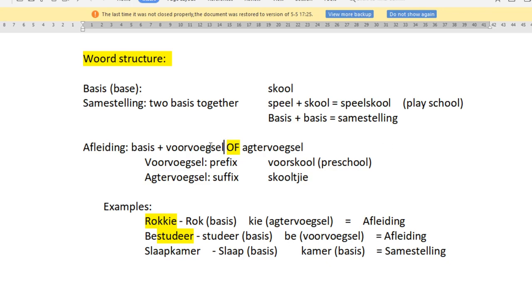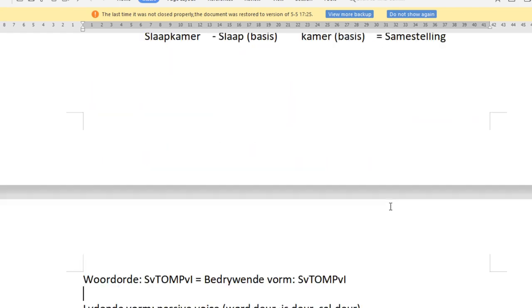Here we've got voorvoegsel, agtervoegsel. So we can go like this and replace it by a hyphen. We did that in another video. So voor- of agtervoegsel. So we've got an afleiding, 'n samestelling of 'n basis.